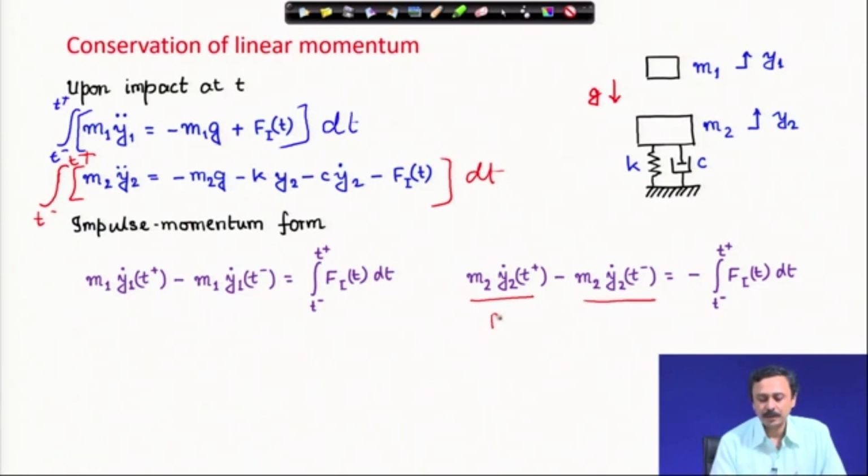These are linear momenta: the linear momentum of particle 2 just after the impulse minus the linear momentum of particle 2 just before the impulse is equal to, of course, minus the integral of the impulsive force Fi.